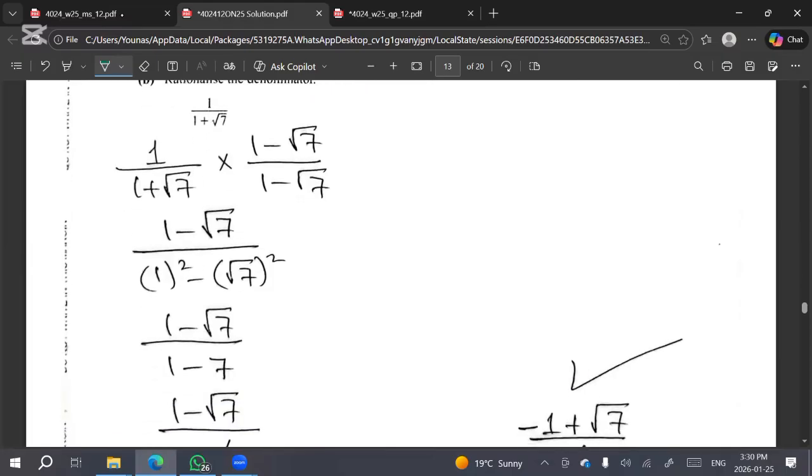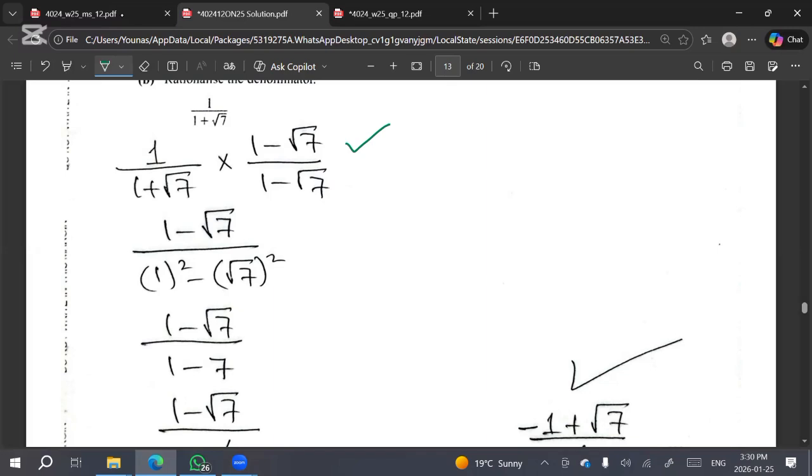So 1 plus under root 7 is in the denominator. I will multiply and divide with the conjugate, which is 1 minus under root 7. So upstairs, I will have 1 minus under root 7.